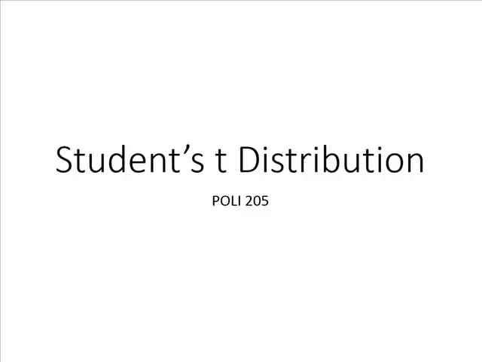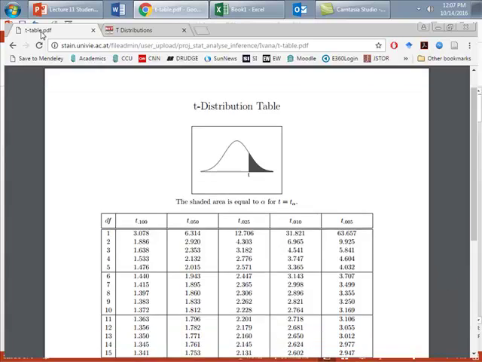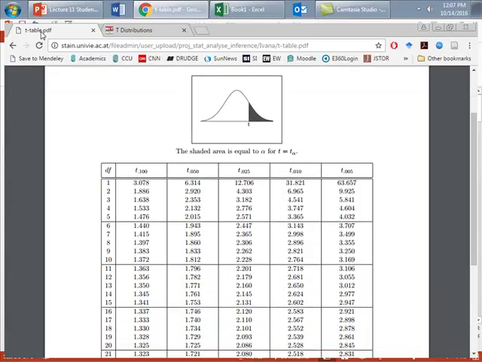Okay, so what I've given you is students' t distribution. Students' t, here's what it looks like. This chart is very similar to what we've done in the past, but it's reversed. With the normal distribution, the field of the table was your area amount, the area under the curve.